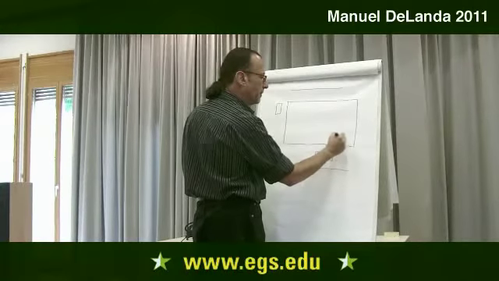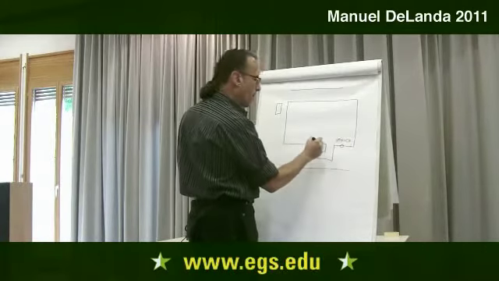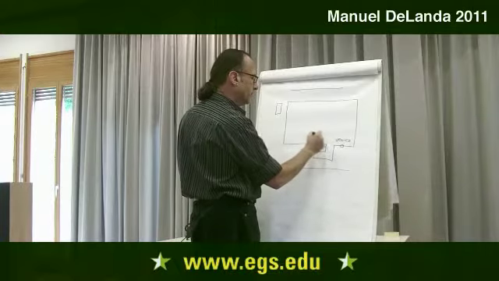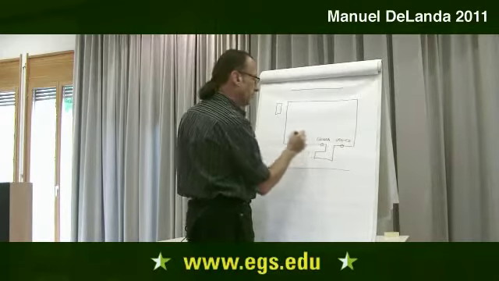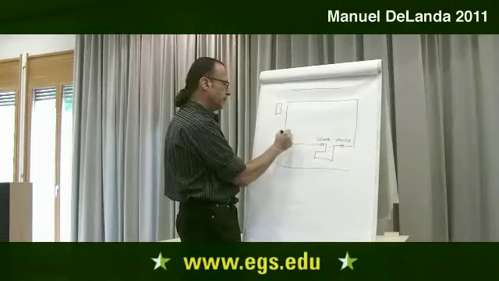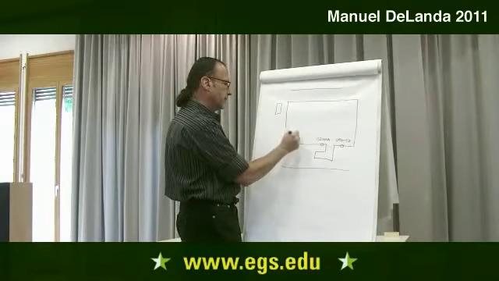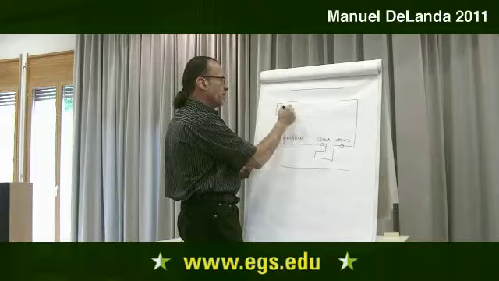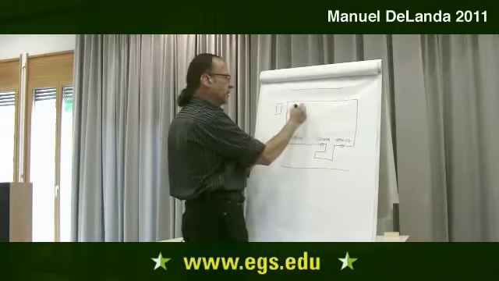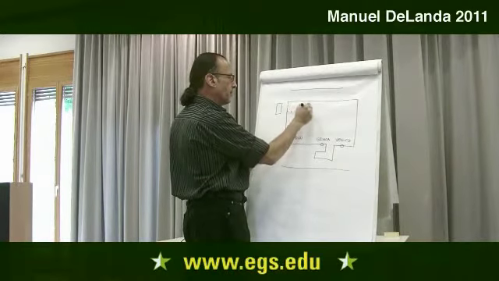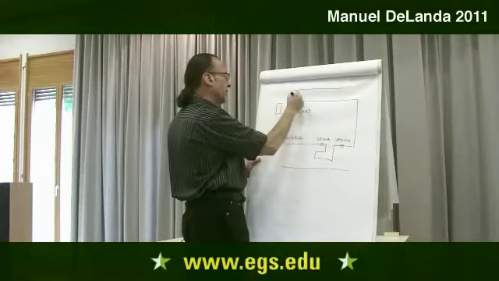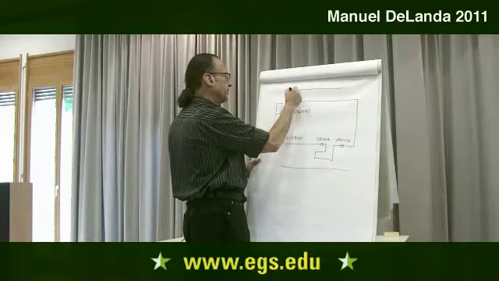This is Venice. This is Genoa. This is Lisbon. This is Antwerp in today's Belgium, or what used to be called Flanders. This is Amsterdam.